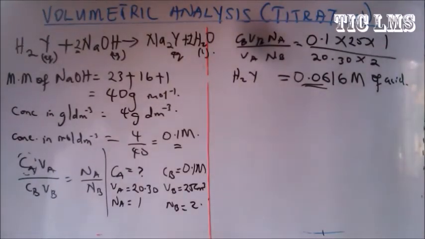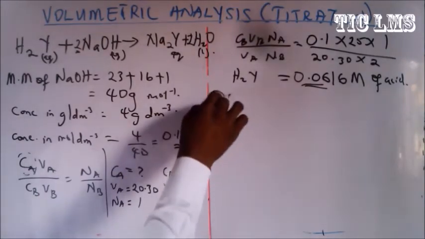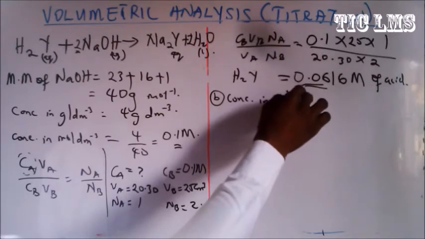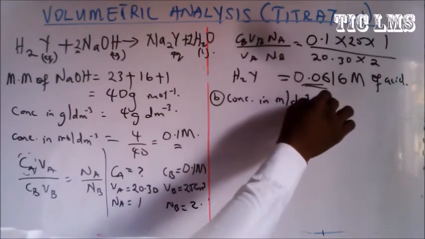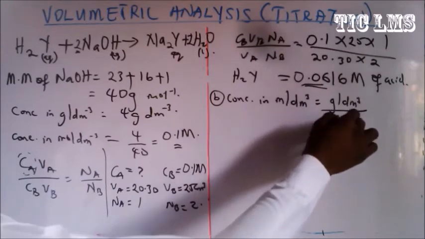Next, we have to find the molar mass of the acid. Now we've derived the concentration in mole per dm cubed of the acid. And in the question, we're given the concentration of the acid in gram per dm cubed to be 5. So we have a formula that says that concentration in mole per dm cubed equal to the concentration in gram per dm cubed over its molar mass.